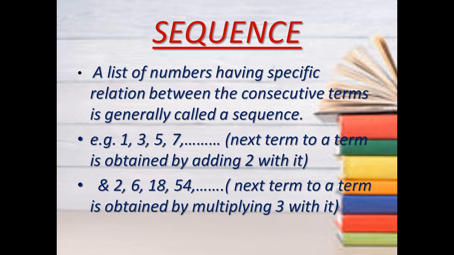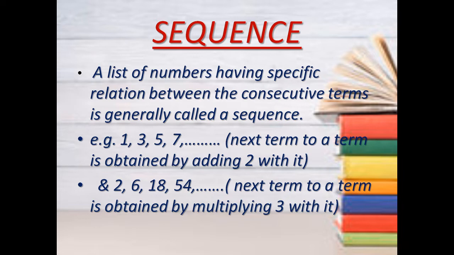If you take an example 1, 2, 3, 4, 5, 6, in this, 1 and 2 are consecutive terms, 2 and 3 are consecutive terms, 3 and 4 are also consecutive terms. There must be a specific relation between these consecutive terms, then the list of numbers is called a sequence.